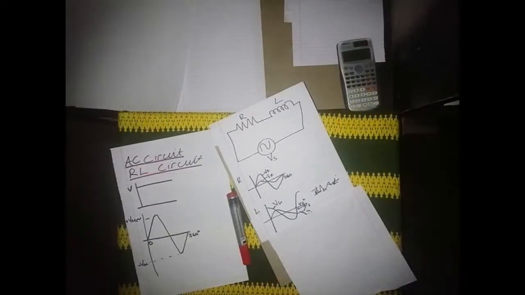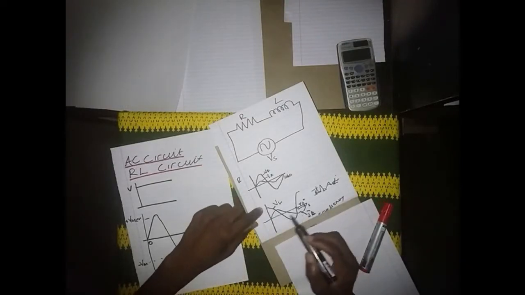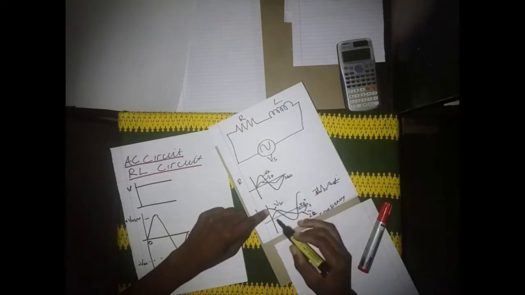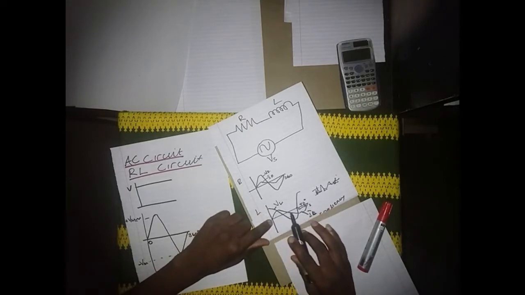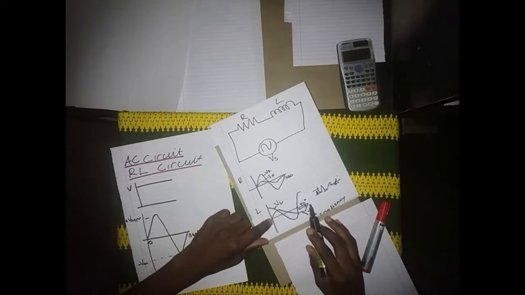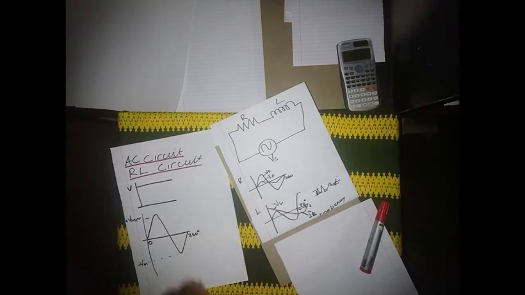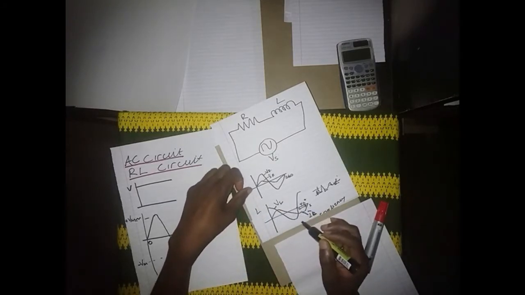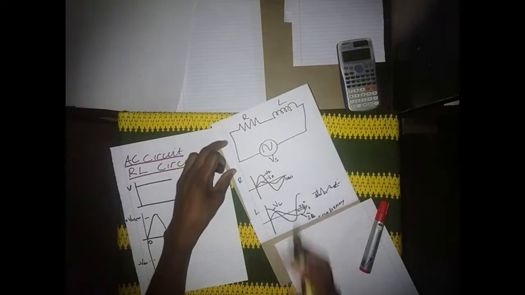So we can say that the voltage passing through the inductor finishes its cycle ahead of the current. The current is behind the voltage in terms of finishing the cycle. That's why we say the current lags the voltage in an inductor.